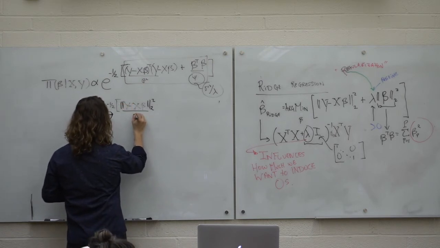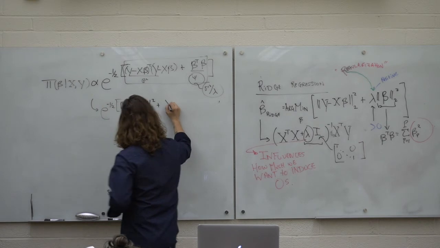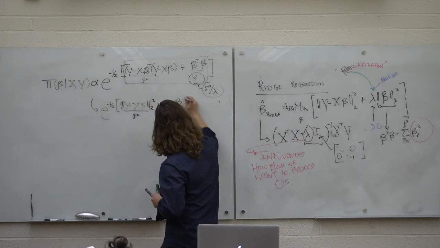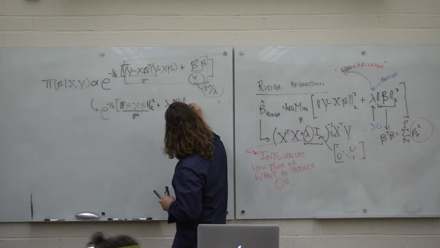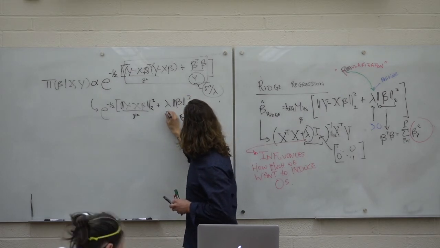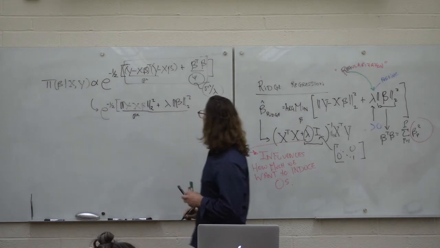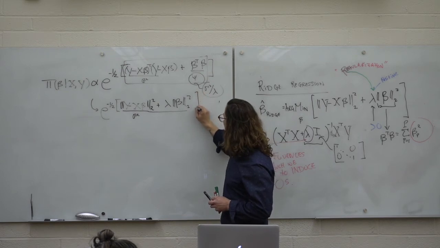Over sigma squared plus lambda times the norm of beta in the 2 norm squared. And this is going to be over sigma squared as well. So I'll just extend that.